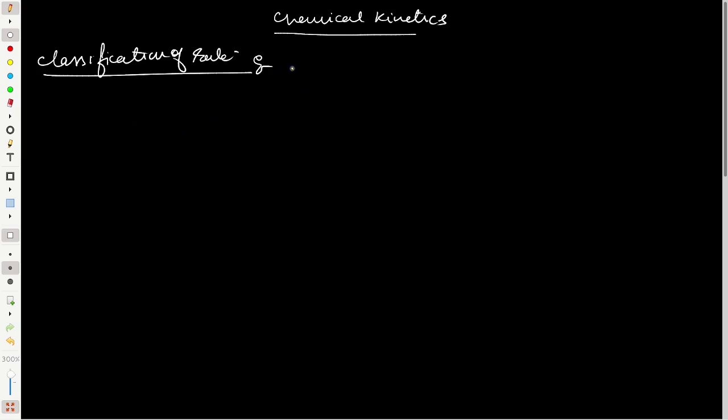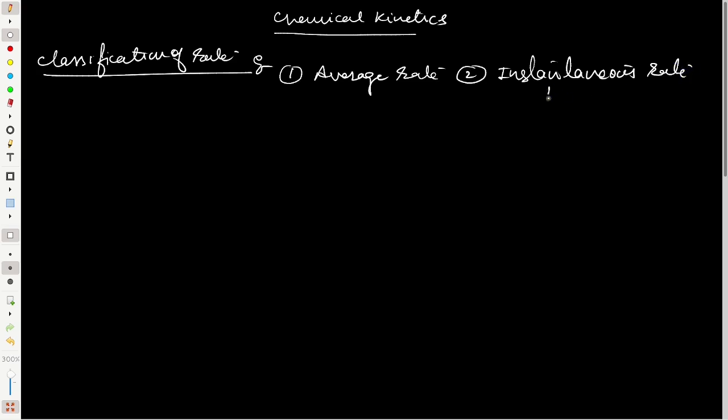Rate can be classified as average rate, and secondly instantaneous rate. This is INT rate and this is AV rate. Now what is AV rate?